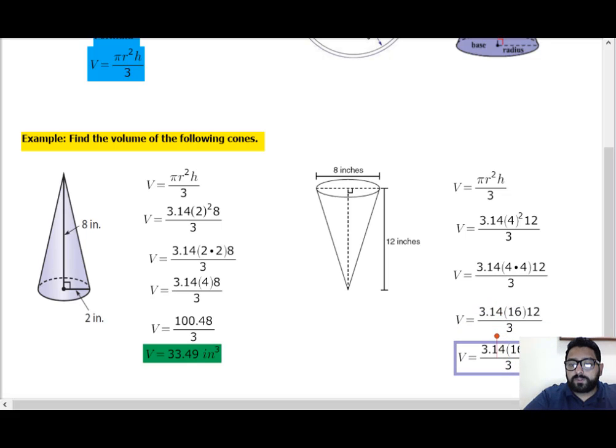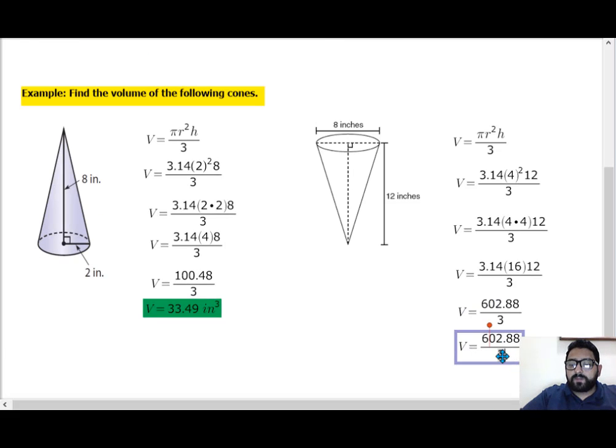When you multiply 3.14 times 16 times 12, you are going to get 602.88. And when you divide 602.88 by 3, you are going to get 200.96, and this is going to be inches to the cube power.